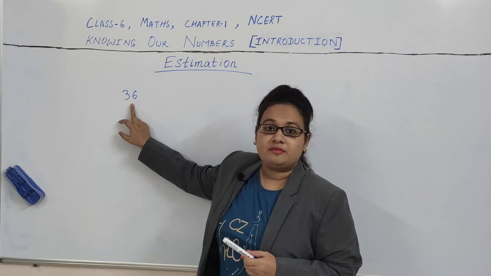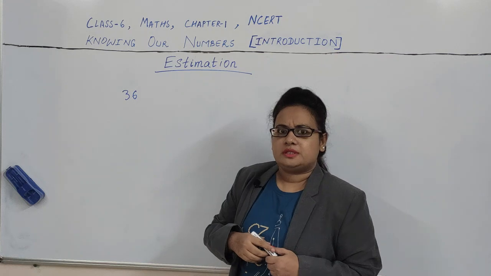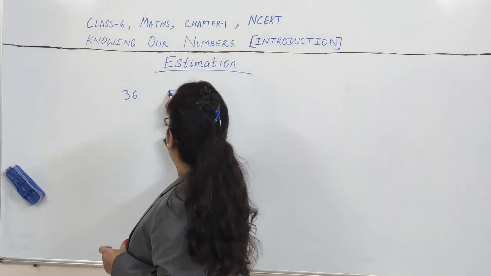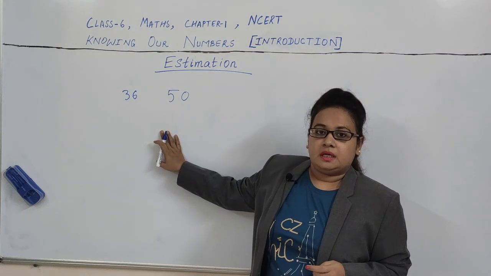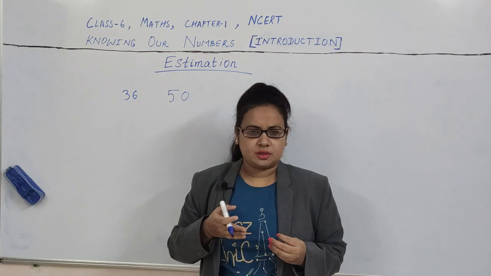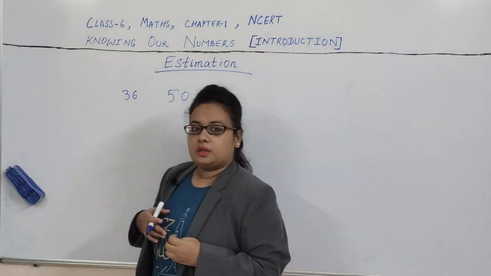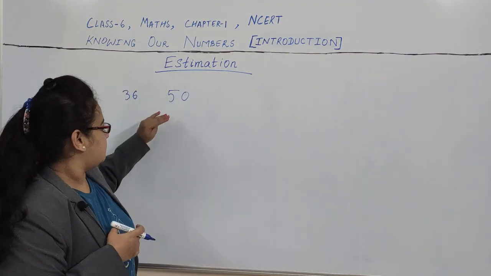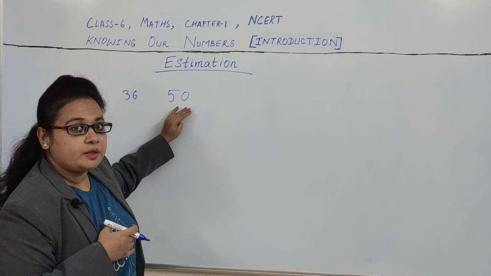So what will be the number of chocolates which you will take to the school? Maybe around 50. So around 50 chocolates you will take to the school. If your parents ask you how many chocolates are you going to take to the school, you will say around 50. So you thought that this may be the number of chocolates required tomorrow.